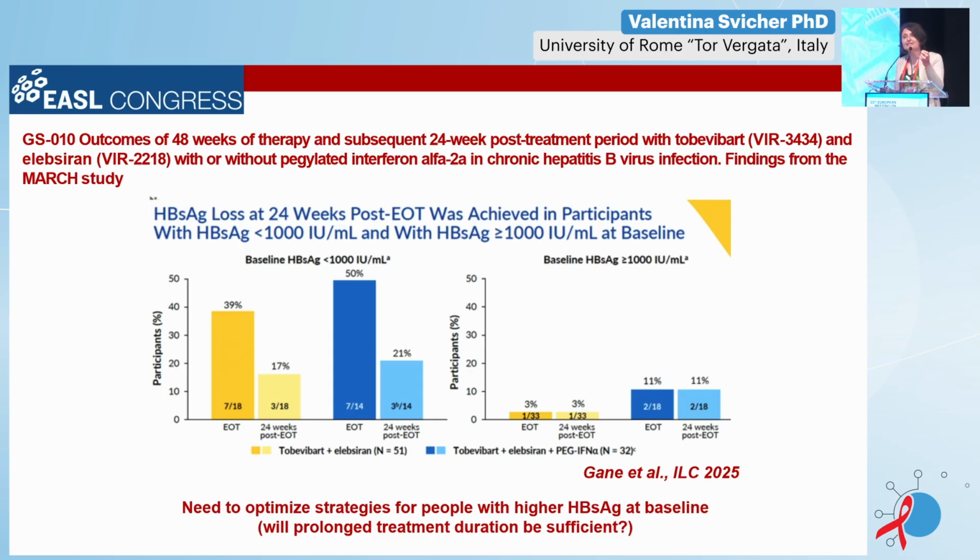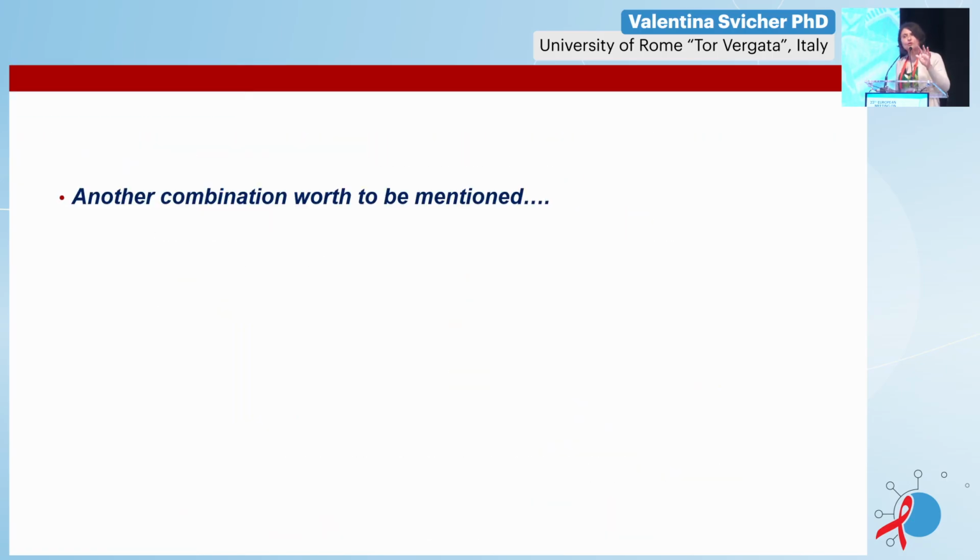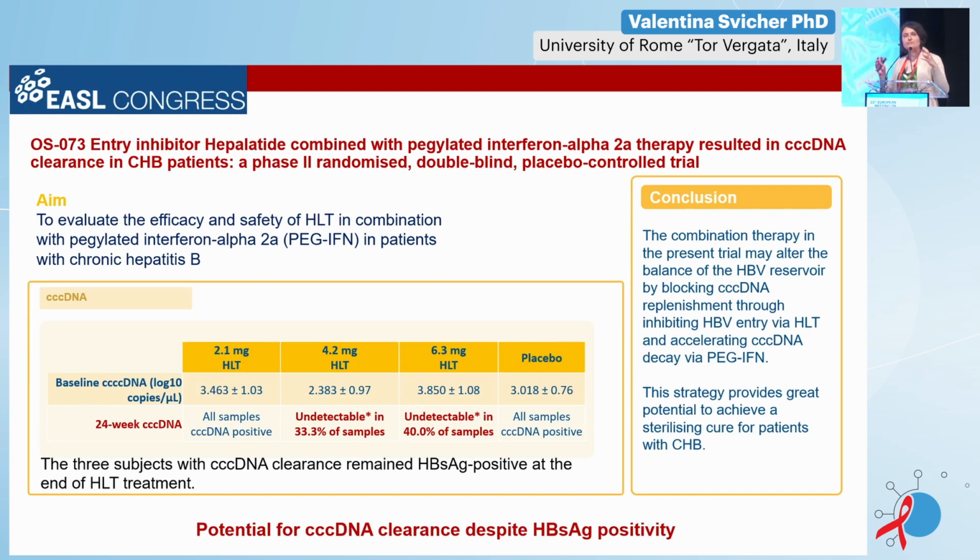We have to understand if just prolonging the duration of treatment will be sufficient to induce HBsAg loss in these patients. Lastly, it's noteworthy to focus attention on this treatment combination that is based on a new entry inhibitor plus PEG interferon alpha.